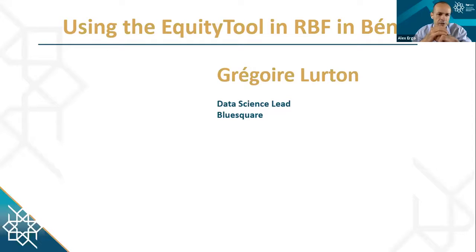He's currently supporting the integration of advanced data analysis into routine systems for performance-based financing and disease surveillance in various countries in sub-Saharan Africa. Grégoire will use the example of Benin to illustrate how the equity tool can be used to track performance in the context of results-based financing. Grégoire, the floor is yours.